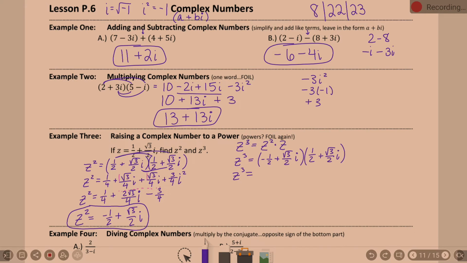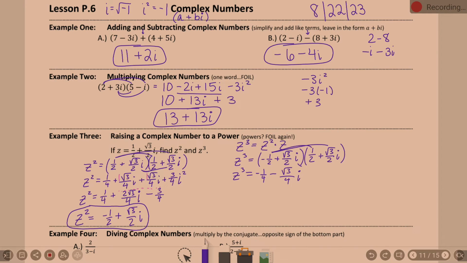So first, -1/2 times +1/2? -1/4. -1/4. Okay, outsides. -1/2 times square root of 3 over 2 i. So 1 times square root of 3, 2 times 2, and an i, and it was a negative times a positive, so negative square root of 3 over 4 times i.